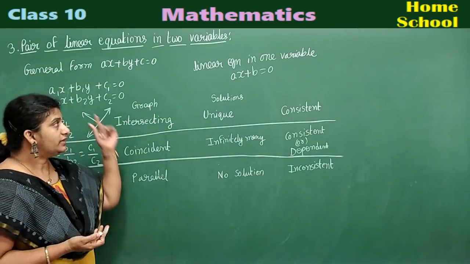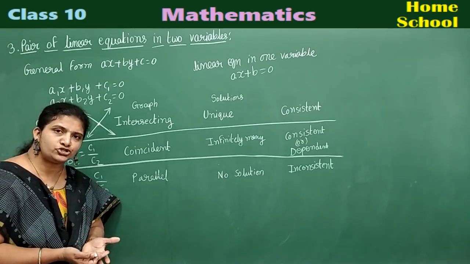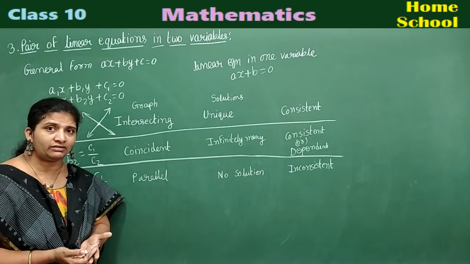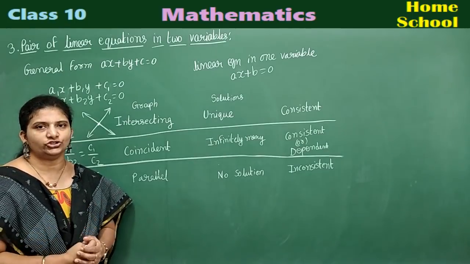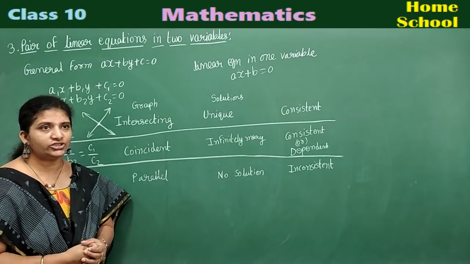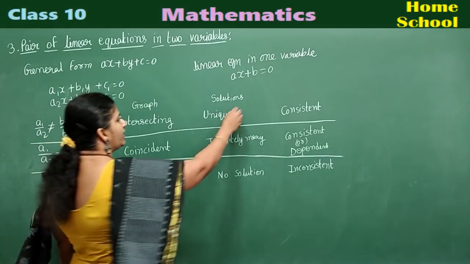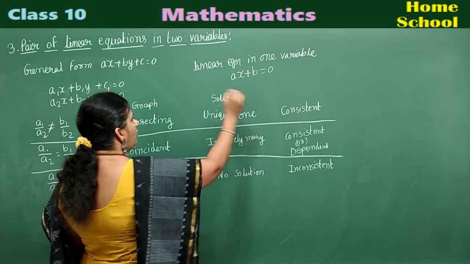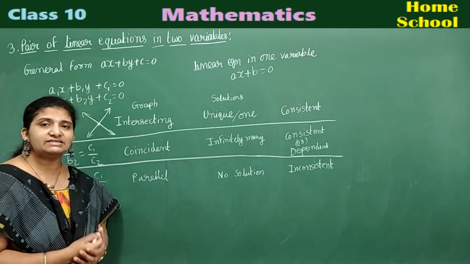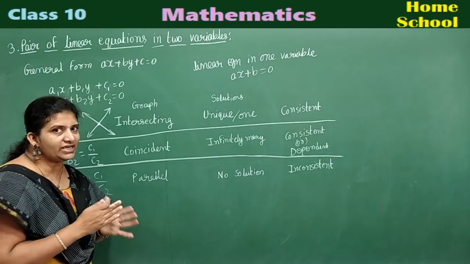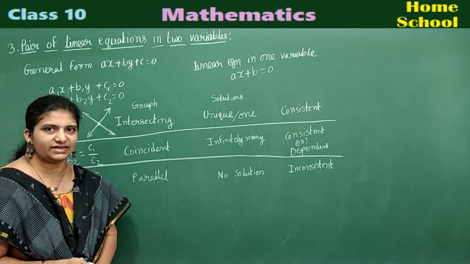Algebraic means, if you solve the two equations by either substitution method, elimination method or cross multiplication method, you get a solution. How will be the solution? It will be a unique or one solution. You can write here unique or one solution. Okay, and what is its consistency? It is having a solution. Therefore, the equations are consistent.